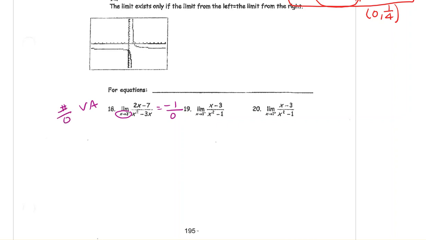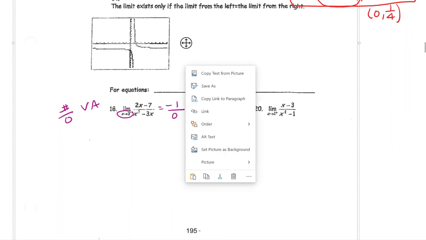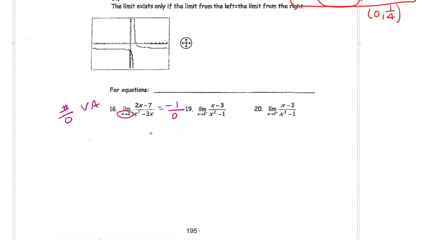In the previous case, we had to check the left and the right. This means I only have to check the left. So I just care about what's happening on the left side of the asymptote. But the math that you check is the same. Okay, so I know that I have -1, and if I check to the left of 3, let's say again I have a 2.9. I'm just going to do 2.9 squared minus 3 times 2.9.